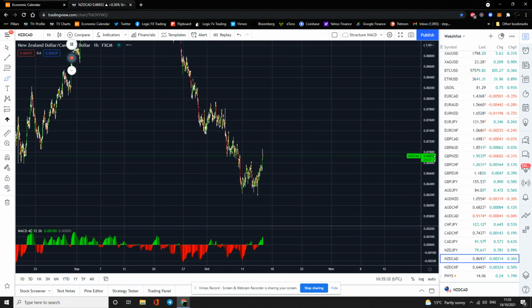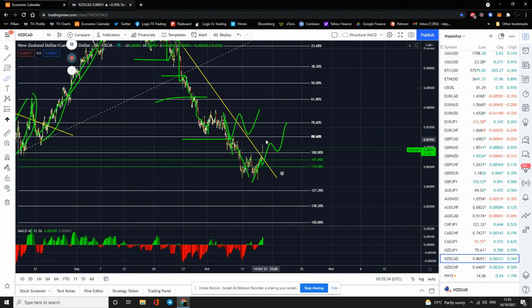New Zealand CAD. A little bit of a pushback there in the New Zealand. What we were saying was, if we got a breakout here and a setup, in other words, if it stayed out here for a little while and then gave us something and started to go from it, maybe we'd start to trade that up.